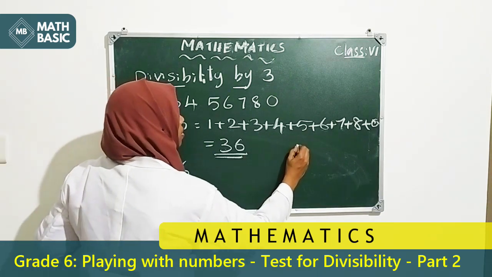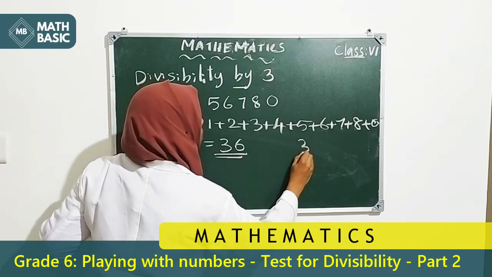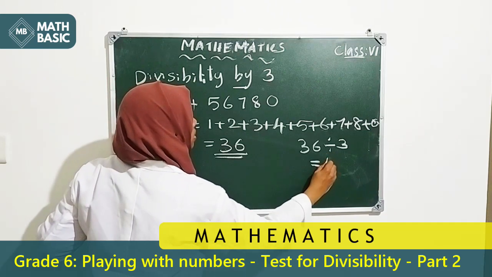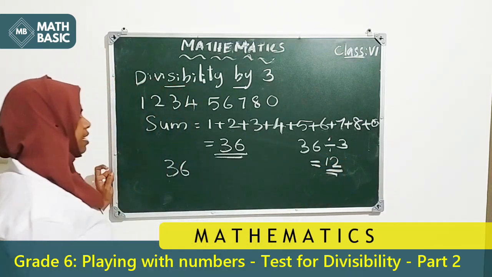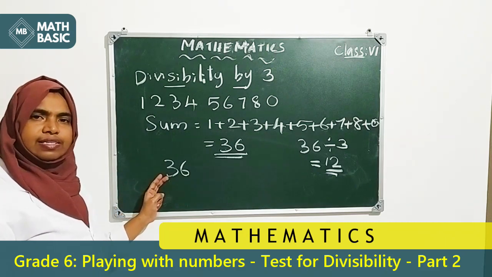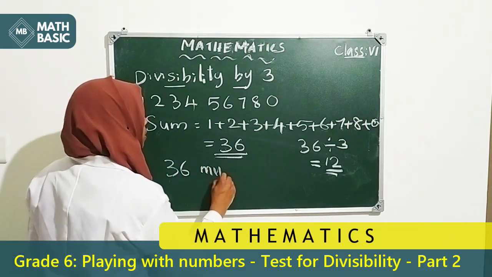How can we understand this? See, we can do 36 divided by 3. What is the answer? 12. So we can say that 36 is a multiple of 3.